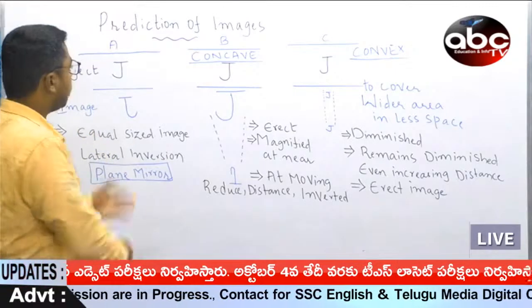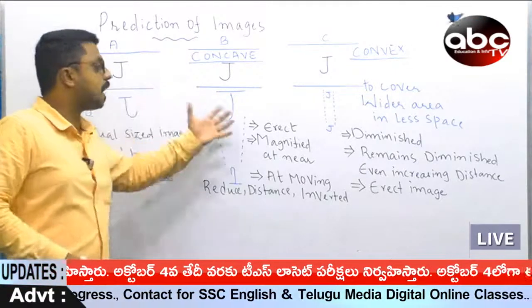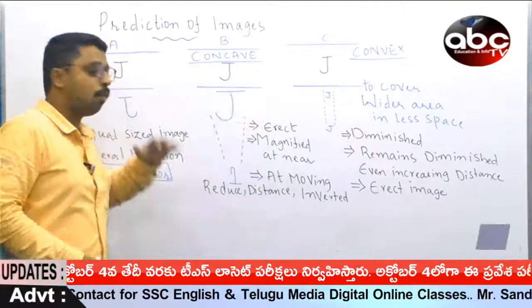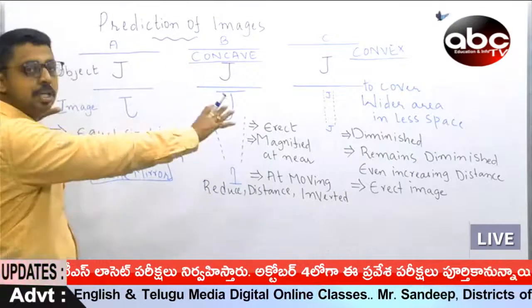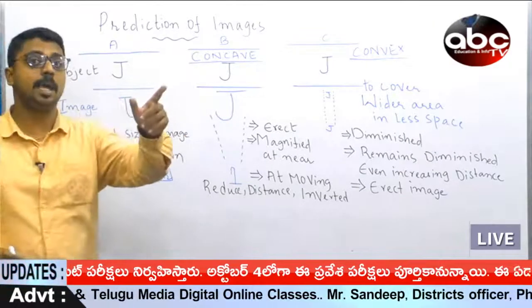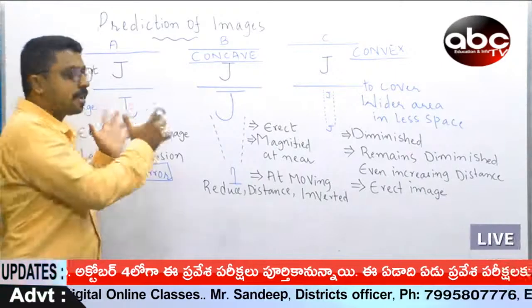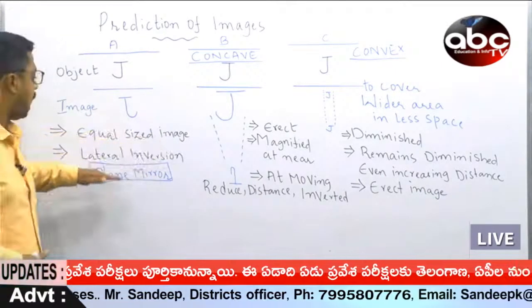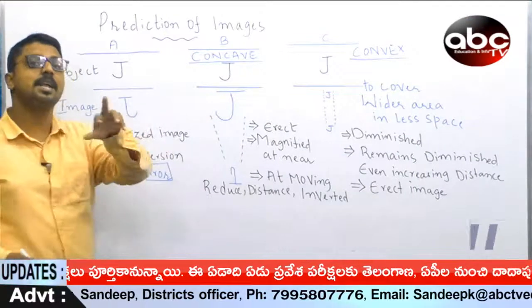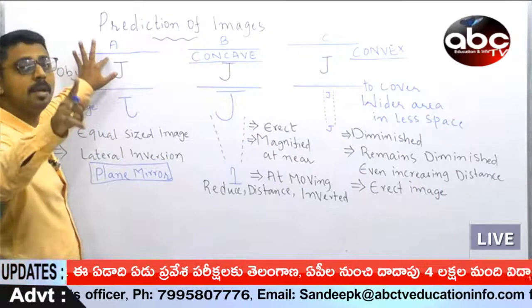దిస్ are the prediction of images and the prediction of which type of mirror is used to get what type of image. అంటే ఒక ఇమేజ్ సడన్గా మనకి ఇచ్చినప్పుడు ఇది ఏ టైప్ ఆఫ్ ఇమేజ్ అని మీకు క్వశ్చన్ రావచ్చు. సో అది ఫస్ట్ ఎలాంటి క్యారెక్టరిస్టిక్స్ ఉందో చెక్ చేసుకోవాలి. ఇఫ్ ఇట్ ఈస్ ఈక్వల్ సైజ్డ్ ఇమేజ్ అండ్ లాటరల్లీ ఇన్వర్టెడ్, సైడ్స్ అనేవి అటు ఇటుగా ఉన్నాయంటే ఇట్ ఈస్ నథింగ్ బట్ ద ఇమేజ్ ఇస్ ఫార్మ్డ్ త్రూ అ ప్లేన్ మిర్రర్.